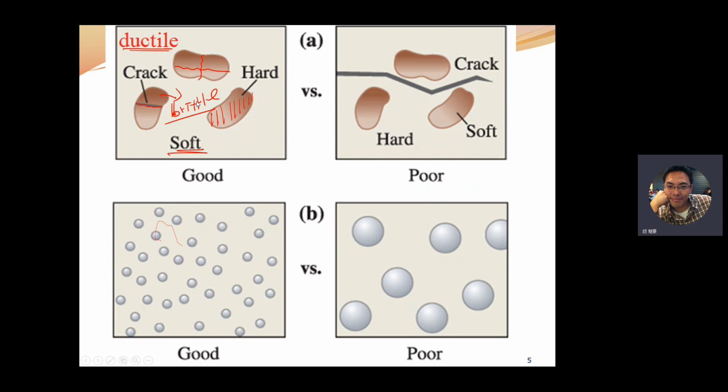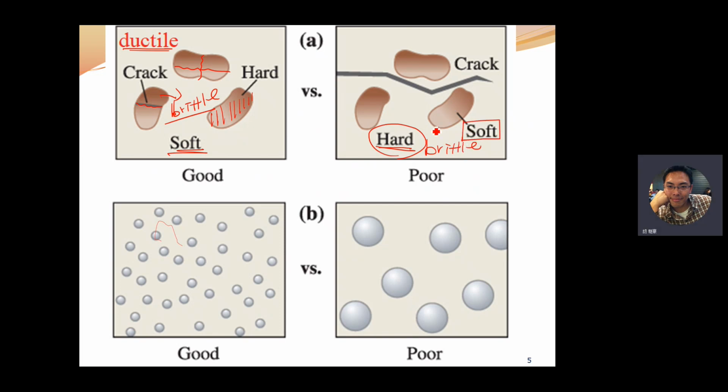Now let's look at the figure on the right side of figure 8. It is a poor dispersion strengthening. Why? Because the matrix is hard, that means it's brittle, and the precipitate, or the dispersed phase, is soft.